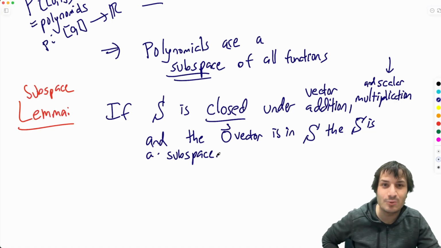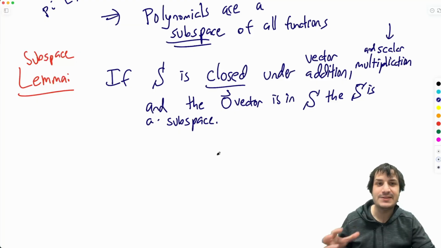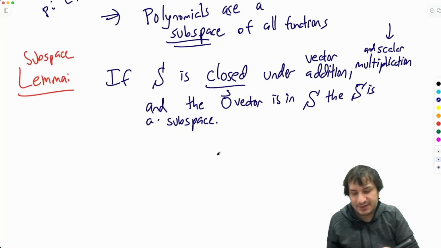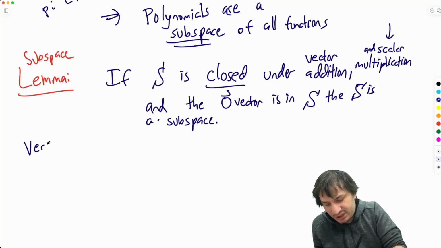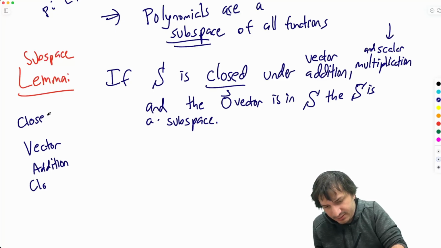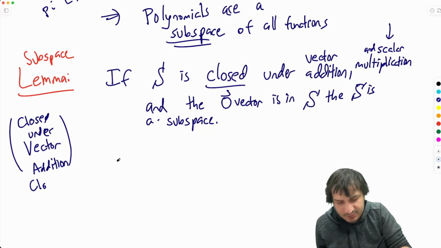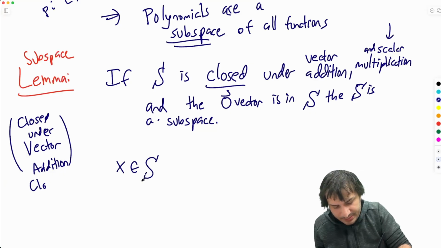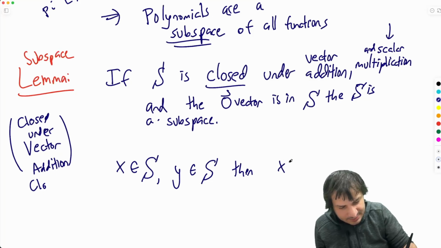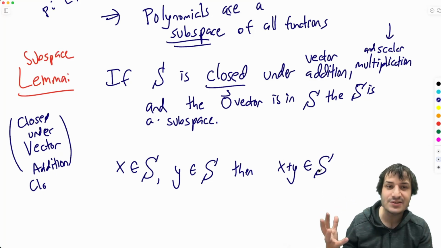Okay, and you might be asking, what does closed mean? Closed means if you do an operation, you stay inside of S. So closed under vector addition means if, let's call them x and y, if x is in S and y is in S, then x plus y is still in S. So in other words, you cannot escape the space S by doing addition.